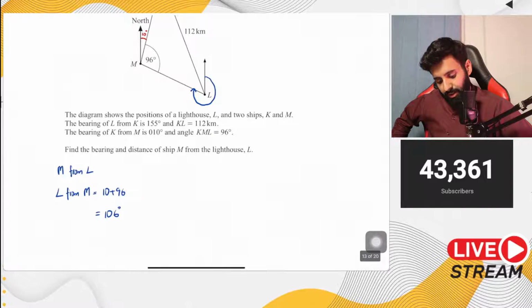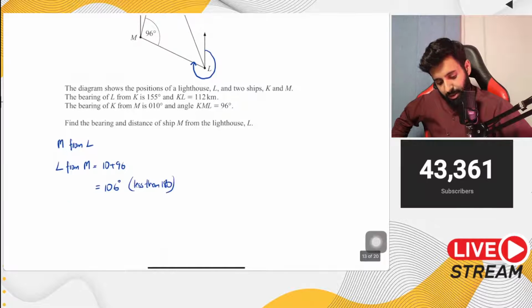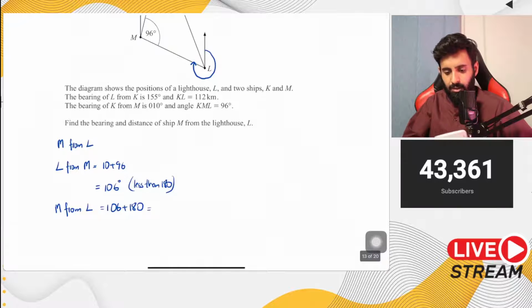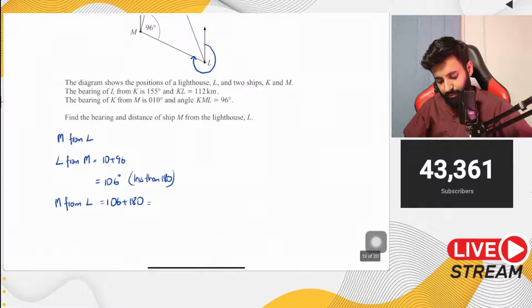Over here, this is less than 180. So to calculate the opposite bearing, which is M from L, we're going to add 180. This will always give you the correct answer and save you a lot of time. So 180 plus 106 gives 286, and that's the correct answer.